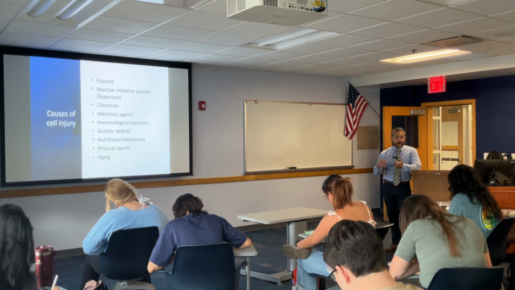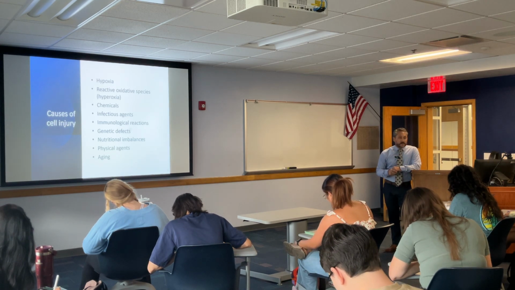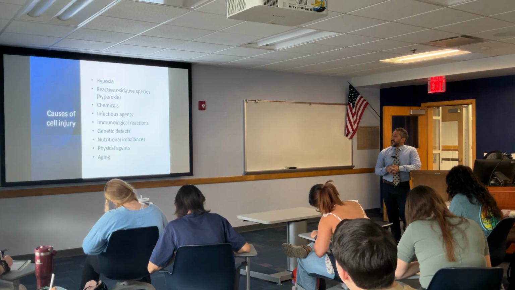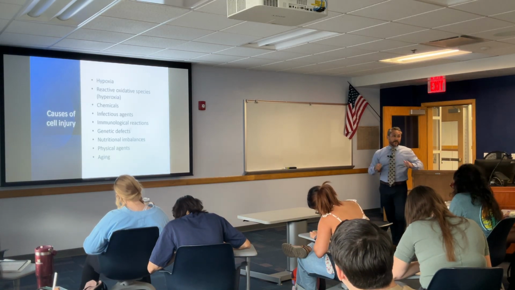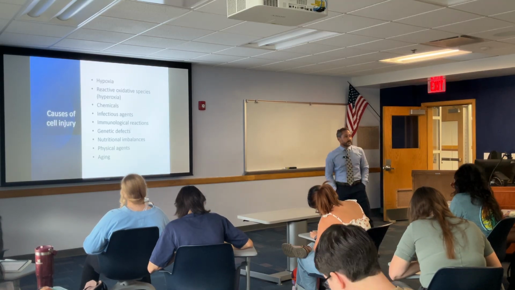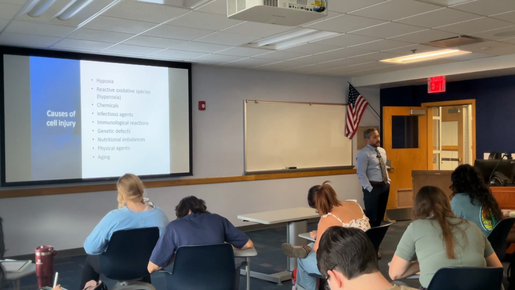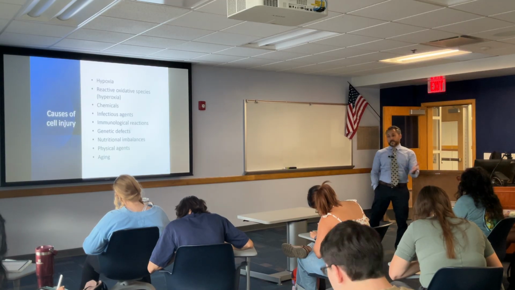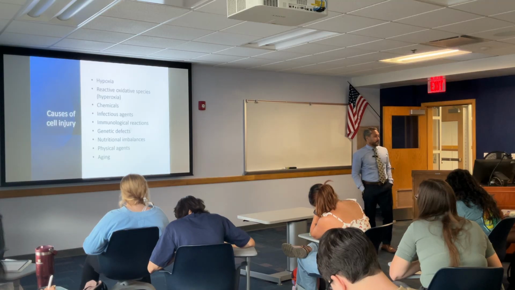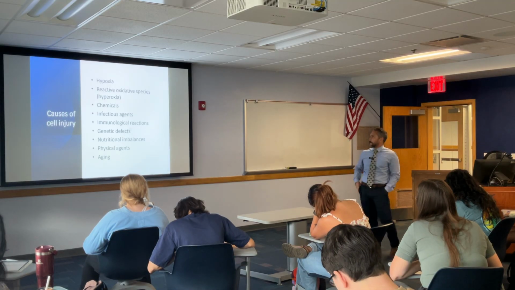It's abbreviated ROS. Reactive oxidative species. Another name for it are free radicals. You've probably heard that, free radicals. And then you've heard of things that are free radical scavengers, right? Dietary things like blueberries. Everyone's really into blueberries because they actually kind of bind up these free radicals. And we'll talk more about that today.